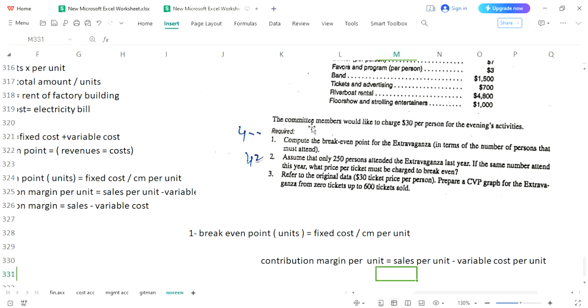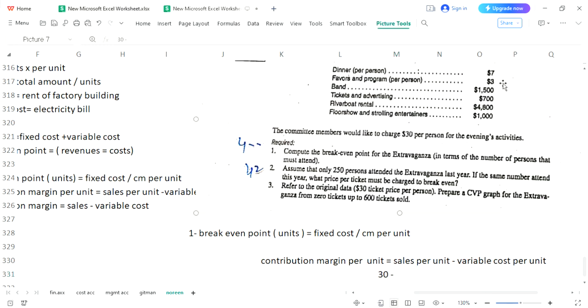So contribution margin per unit, we need to have sale per unit. Read over here. Committee members would like to charge 30 per person. So they will receive $30 per unit. It means we have per unit sale price 30 and you need to subtract the variable cost. As we have discussed above, 7 and 3, these are two variable costs.